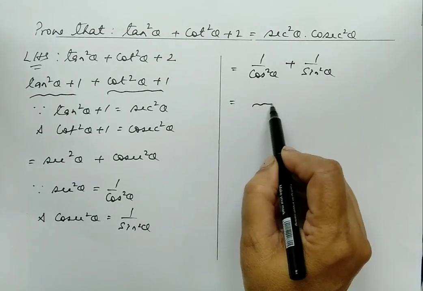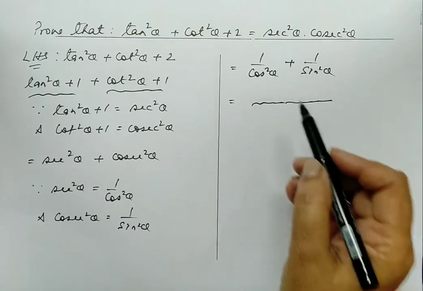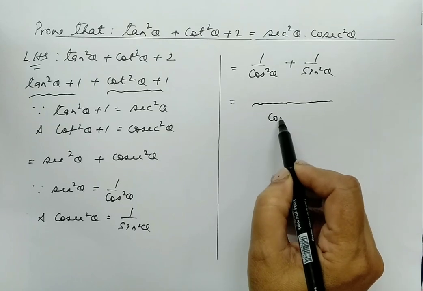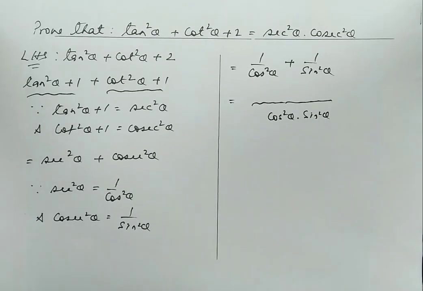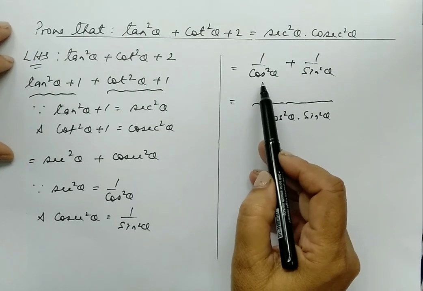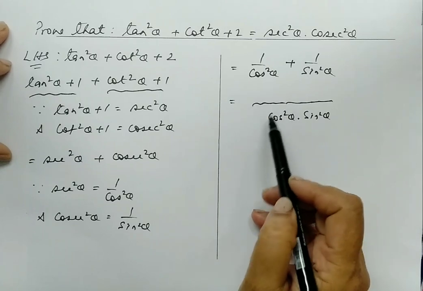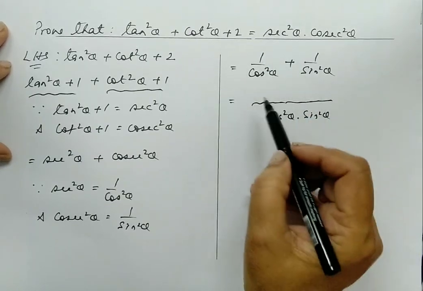Next, we try and take the LCM of this, which comes to be the same. Since we already have this of this, we need to multiply this one with this.